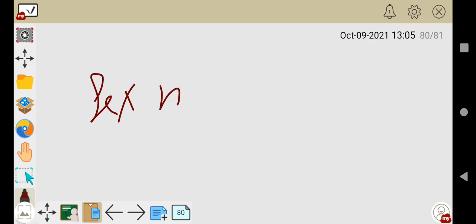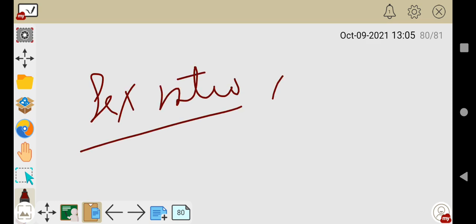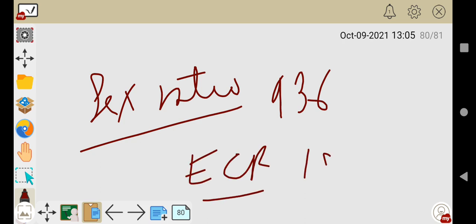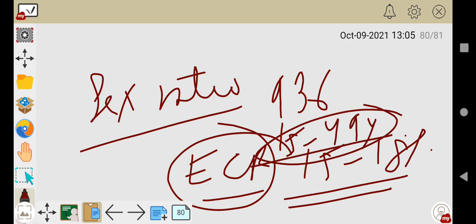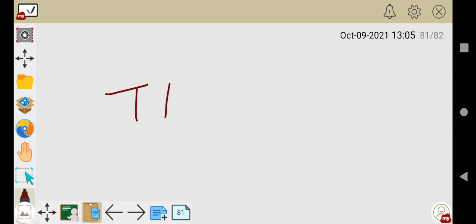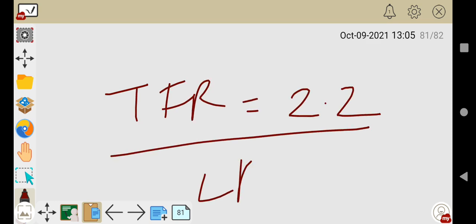Our sex ratio is 936. Correct? Eligible couple rate is 15 to 18%. Eligible couple rate means where the female is in the reproductive age group 15 to 49 years. Correct? Chalo. Total fertility rate is currently 2.2. Literacy rate is 74%. Right?